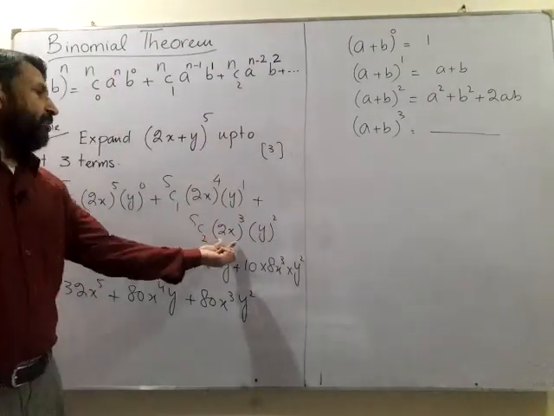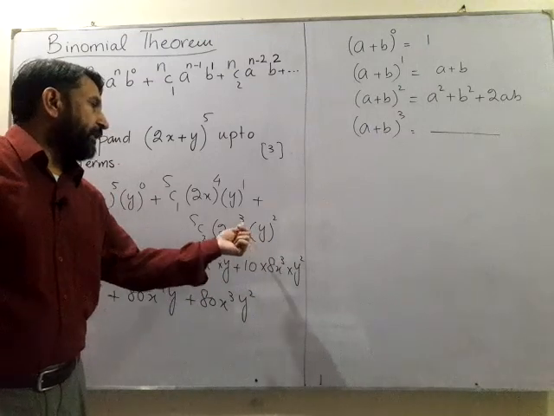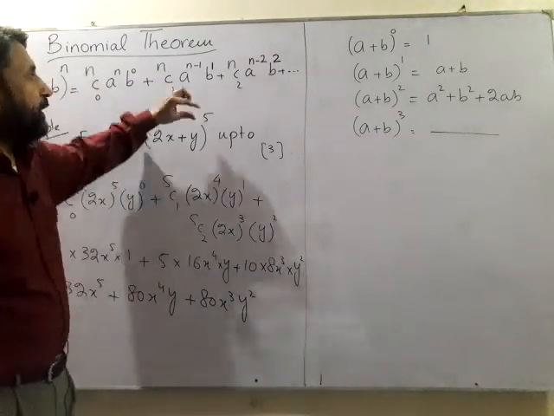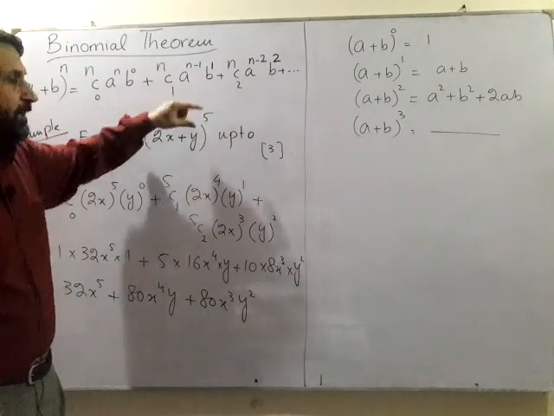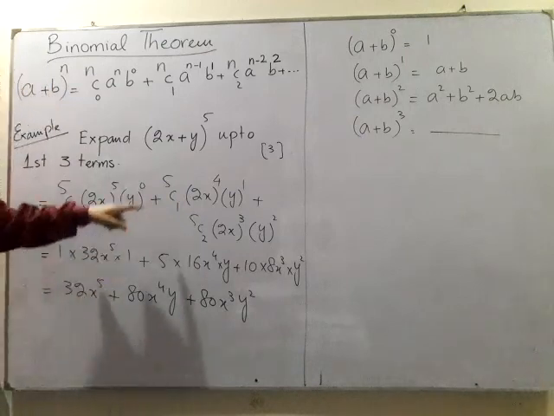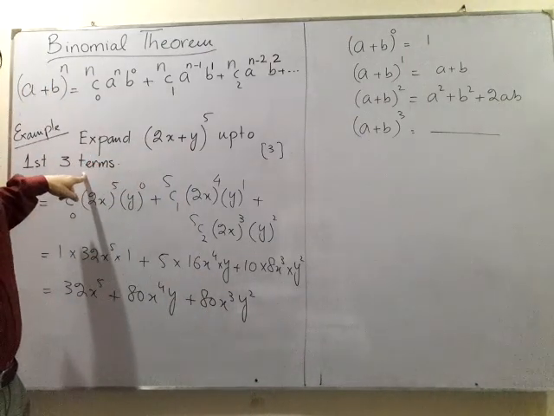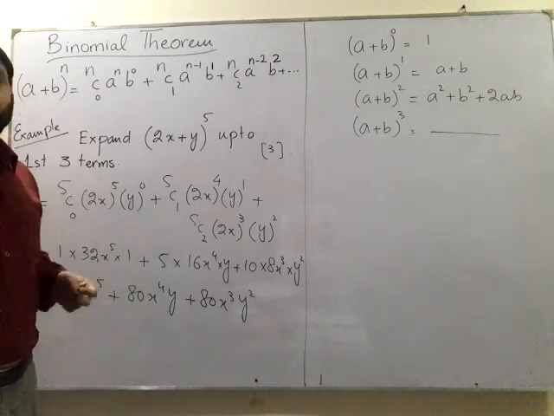So the power sum of the two terms is always equal to the total power. But sometimes in the expansion, instead of asking you to expand up to a certain number of terms, the question asks you to find the coefficient of some specific term.